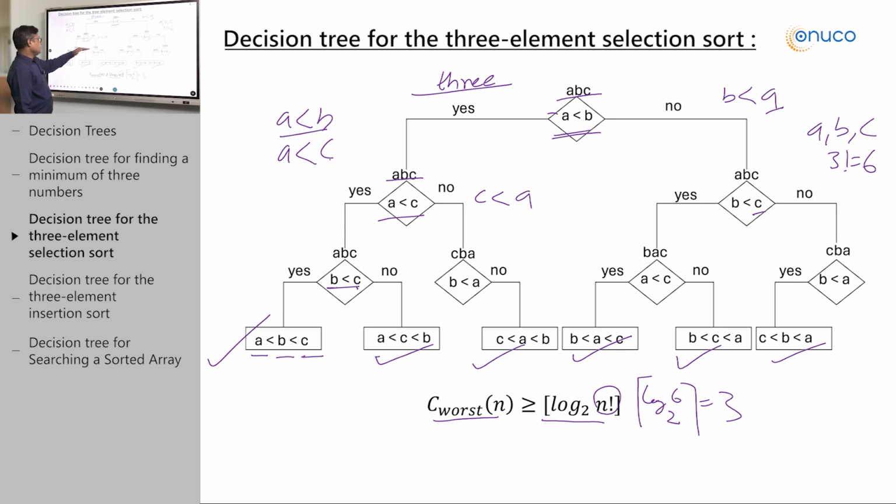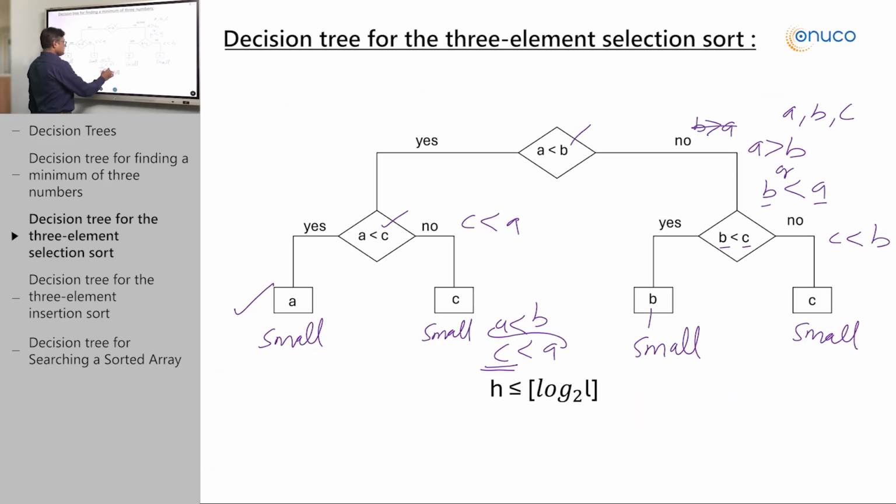So the height is 3. So the computational value will be the ceiling function of log 6 base 2. As in the previous case also, I said that it should be lesser than this, so it is log 4 base 2.